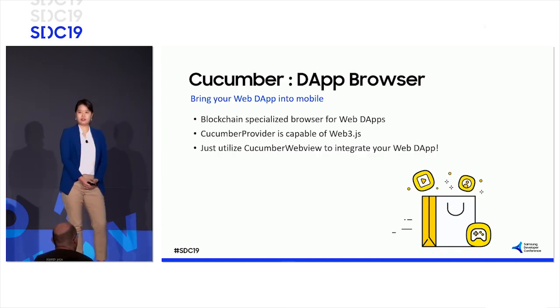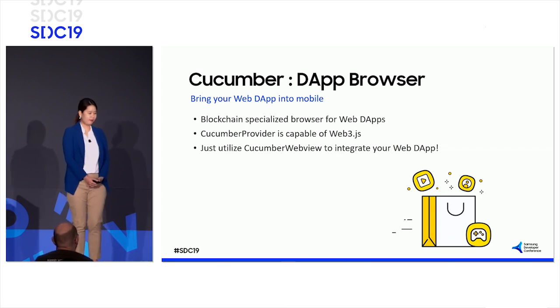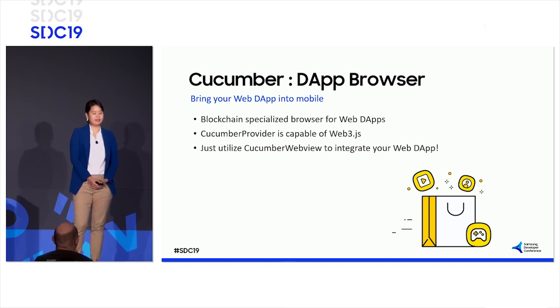The last feature, Cucumber. Cucumber is a component name, and it is a kind of DApp browser built using Android WebView. By using Cucumber, you can use a web-based DApp implementing web3.js without any change to your web code.